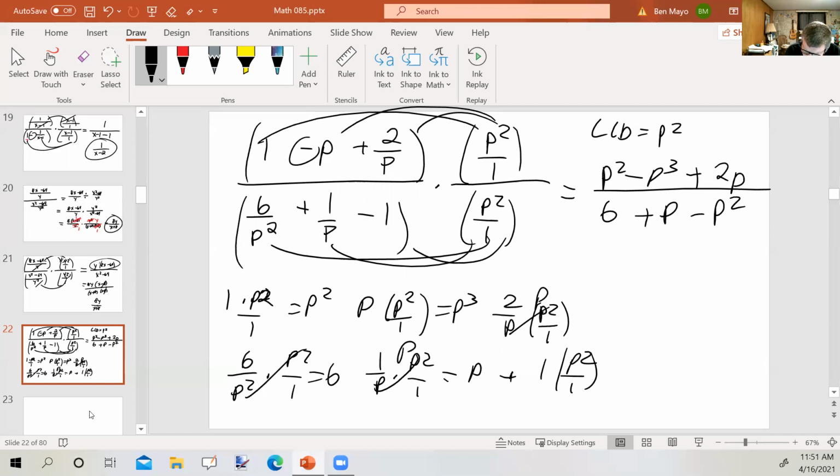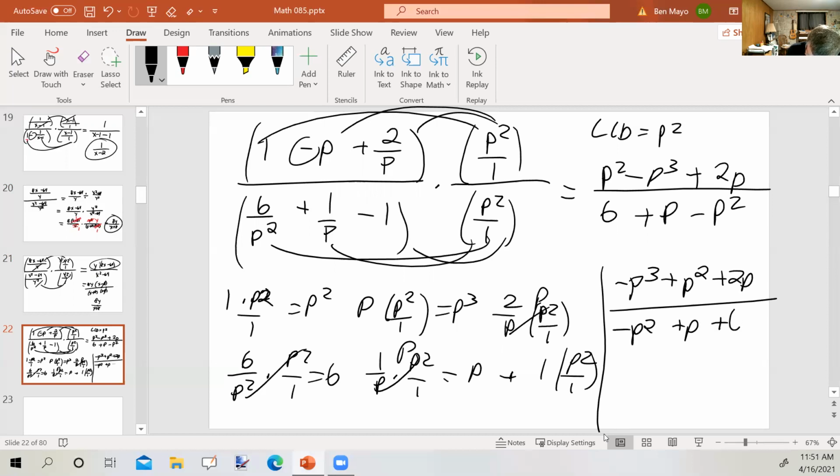Okay, let's see if we can deal with that mess and make it into something a little nicer. I'm going to take the numerator of that fraction and put it in descending powers. So negative p cubed plus p squared plus 2p. In the denominator, negative p squared plus p plus 6. Okay.